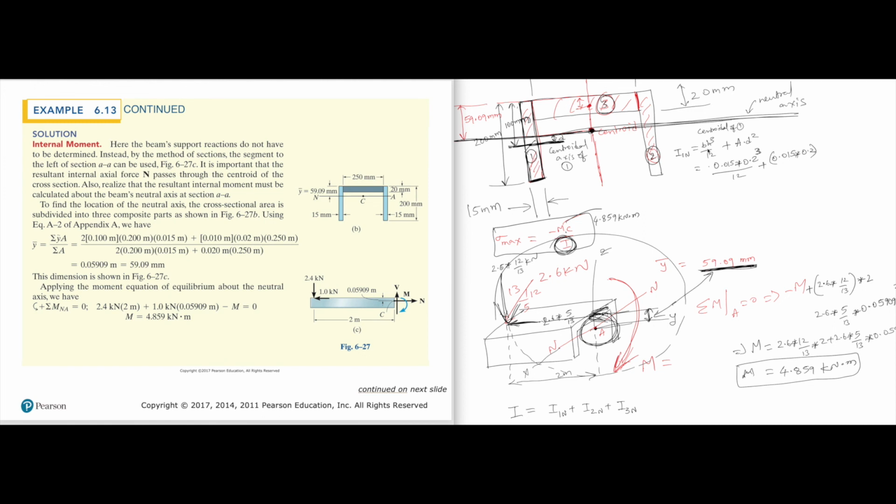This is 59.09. The total is 100. From here to there is 100. So what is D? Isn't D 100 minus 59.09? And this should be converted to meters, so this should be 10 power minus 3. And because it's a D square, I have to square this.